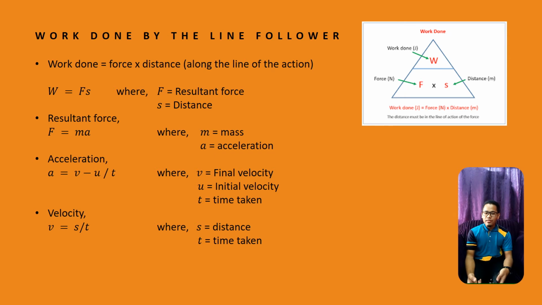The acceleration, as we know, is a equals v minus u over t, where v is the final velocity, u is the initial velocity, and t is the time taken for the line follower. The velocity formula is v equals s over t, where s is the distance and t is also the time taken for the line follower.